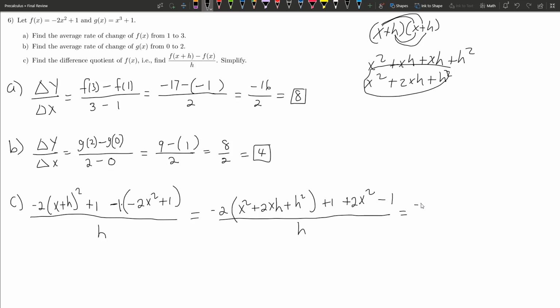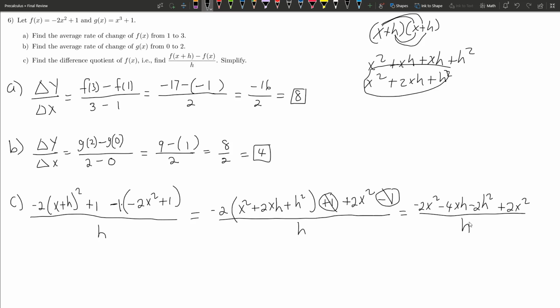So we get negative 2x squared minus 4xh minus 2h squared. This plus 1 and that minus 1, they zero out. That negative 2x squared and that plus 2x squared, they zero out. And we end up with just negative 4xh minus 2h squared here. All of that over h.